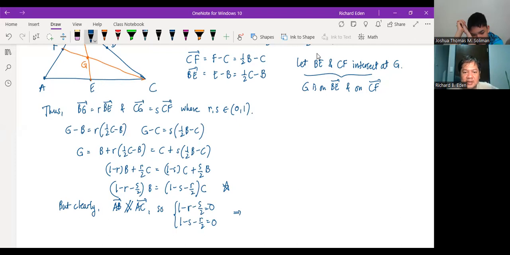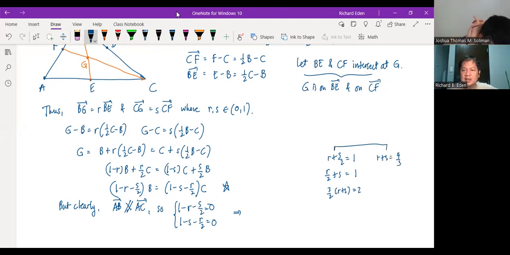Okay, okay, hala, dito tayo natigilan. R plus S over 2 equals 1. R over 2 plus S equals 1. When you add, 3 halves, R plus S equals 2. So R plus S equals 4/3. When you subtract these two, we get the following.